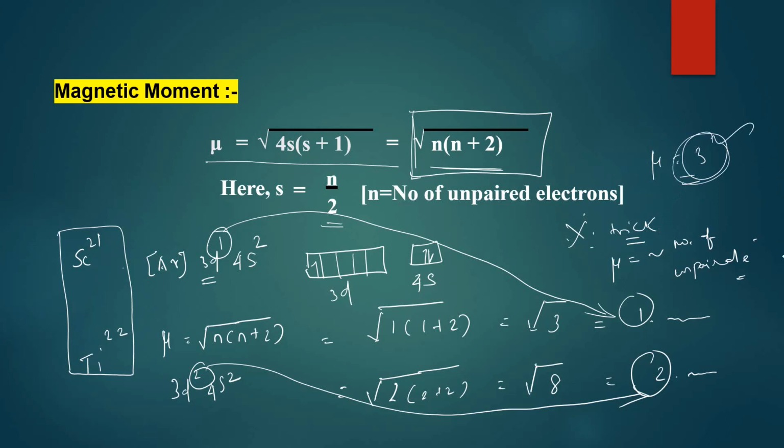Only paramagnetic compounds will have a magnetic moment value. So this is a short trick to find the magnetic moment value from the number of unpaired electrons, or the number of unpaired electrons from the magnetic moment value.